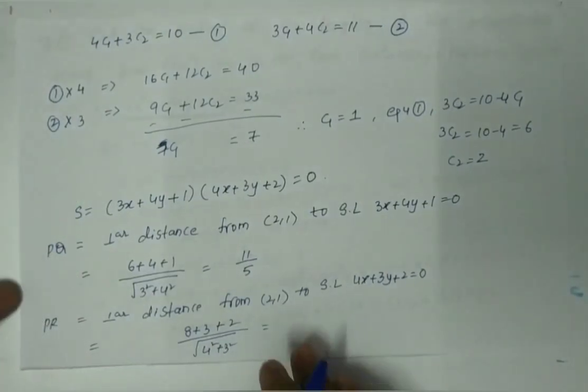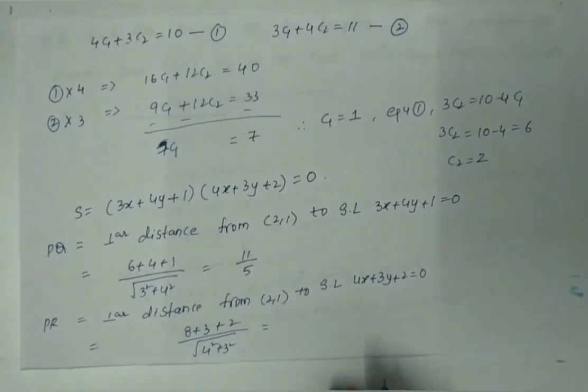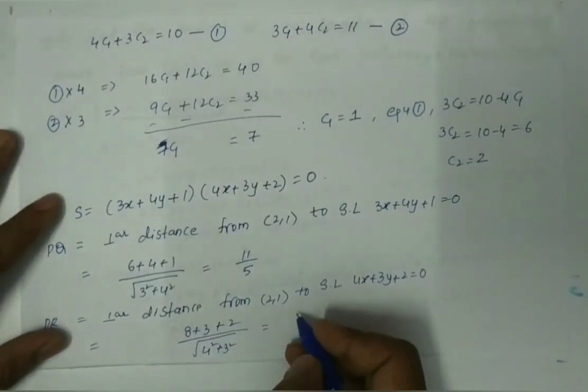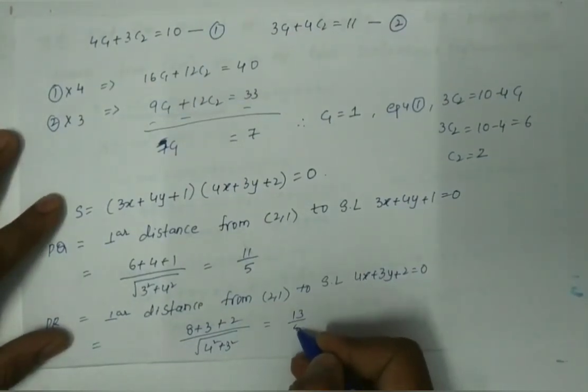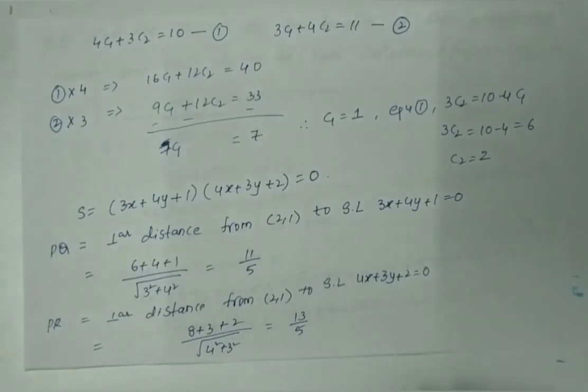Okay, so which is equal to 8 + 3 + 2, which is nothing but 13 by root 25, which is nothing but 13 by 5.